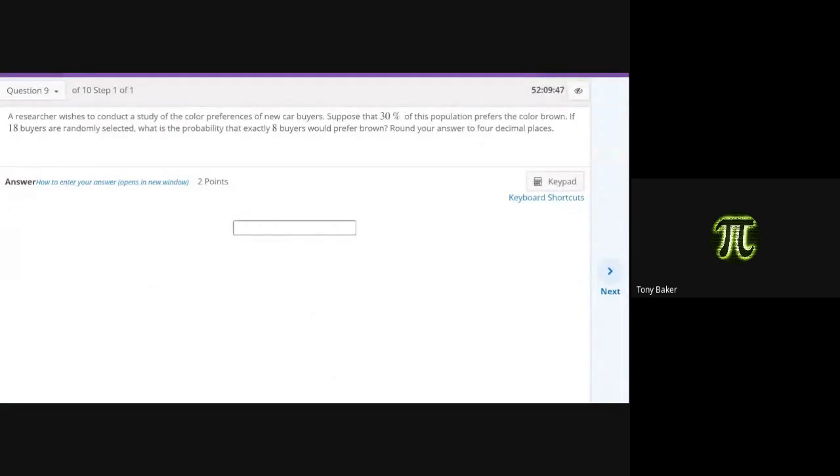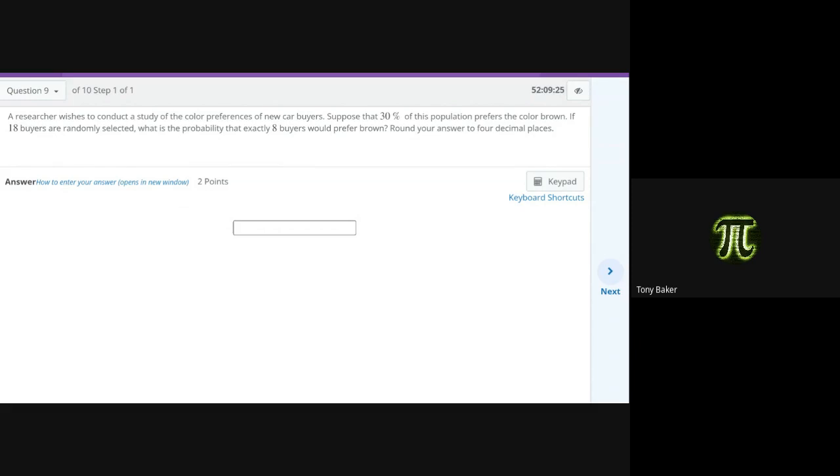All right, next one. Two more to go. A researcher wishes to conduct a study of color preference of new car buyers. Suppose that 30% of the population prefers the color brown.